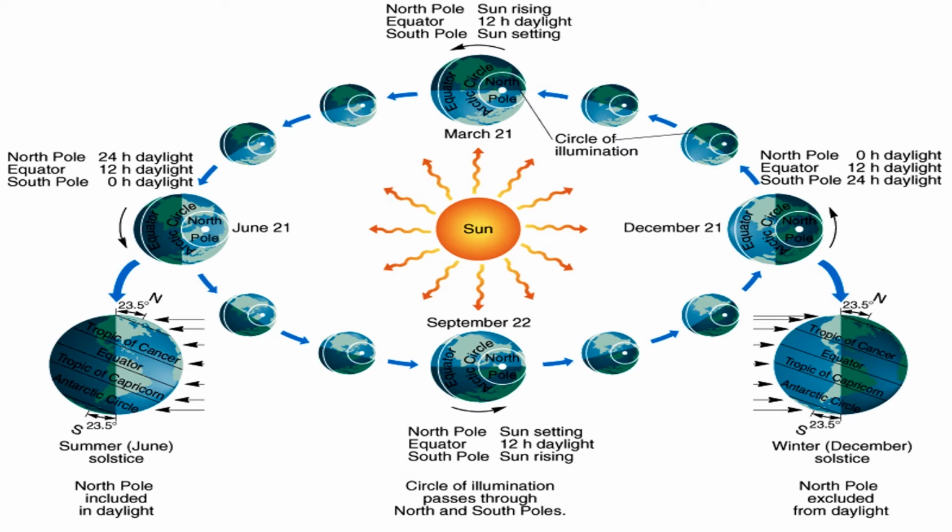So it'll basically have the sun setting pretty much. The South Pole will have the sun rising. During the winter solstice, the North Pole will have no daylight whatsoever, and the South Pole will have 24 hours of daylight, and it's all because of the tilted axis.